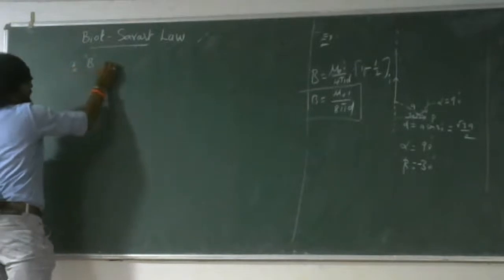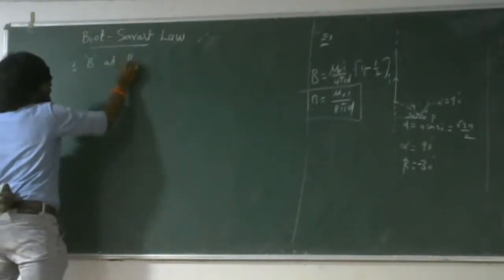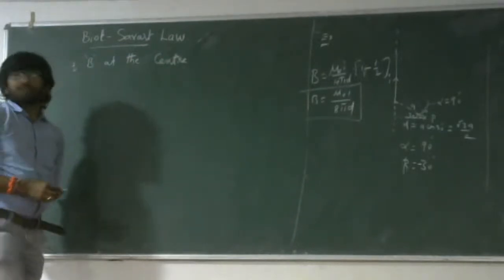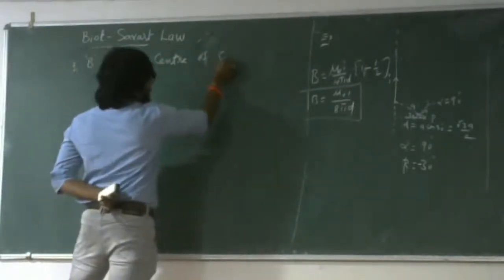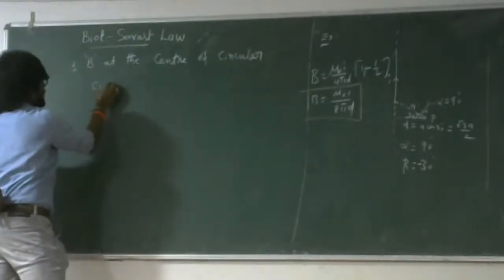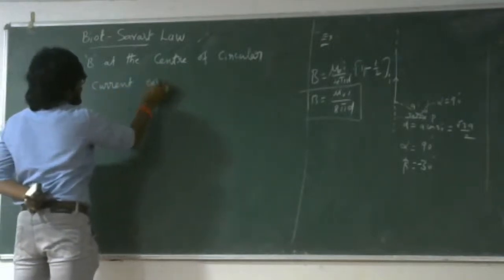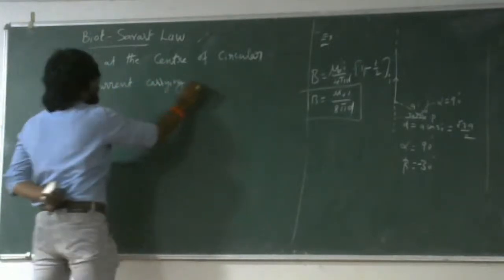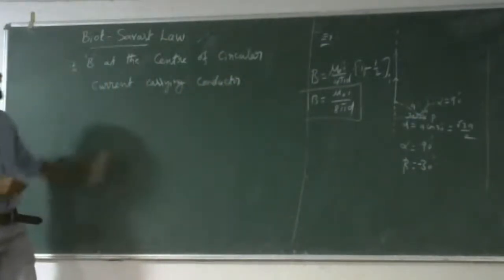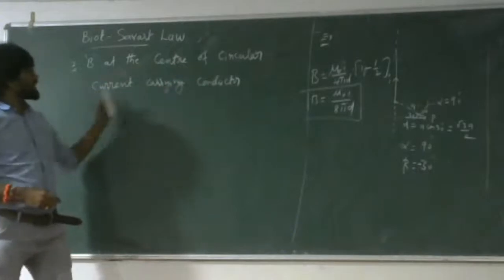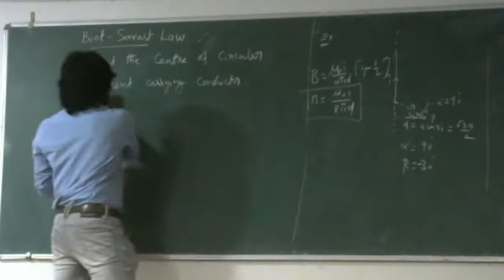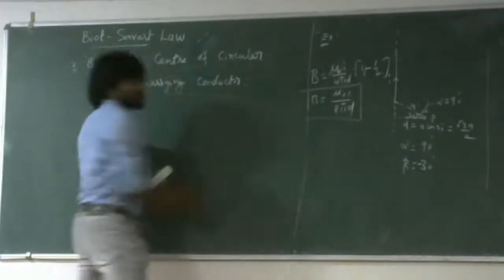Second application: magnetic field at the center of a circular current carrying conductor. Right. How to find this? So by using Biot-Savart law only.